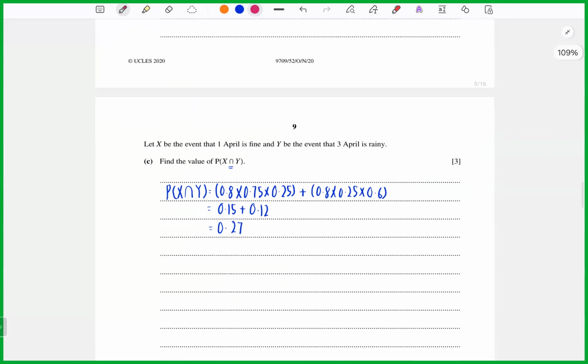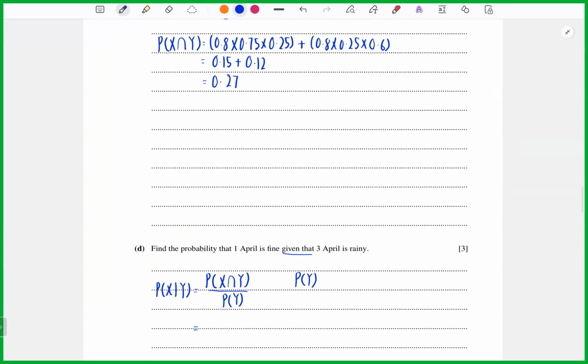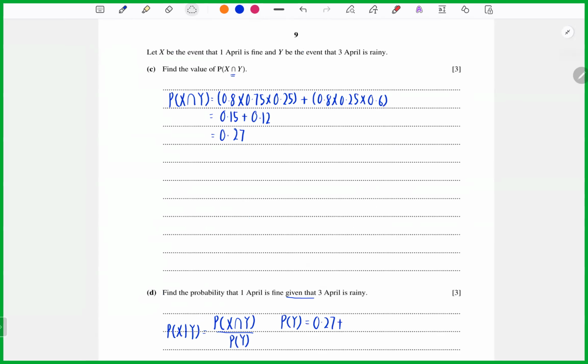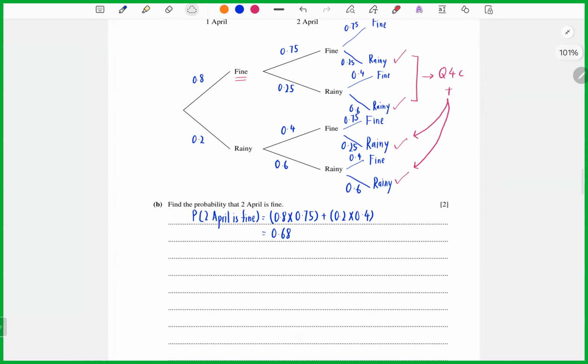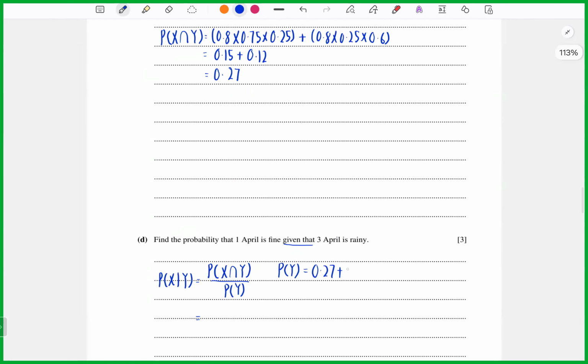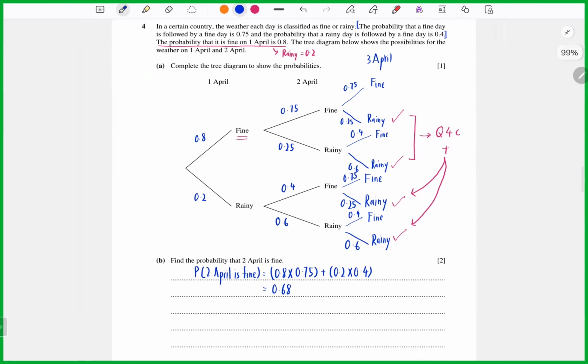So the probability of Y equals 0.27 plus 0.2 multiplied by 0.4 multiplied by 0.25, and then plus, for the third day rainy, 0.2 multiplied by 0.6 multiplied by 0.6.